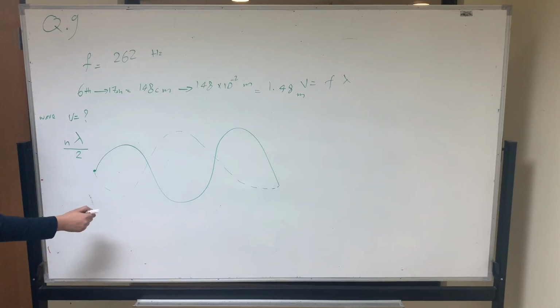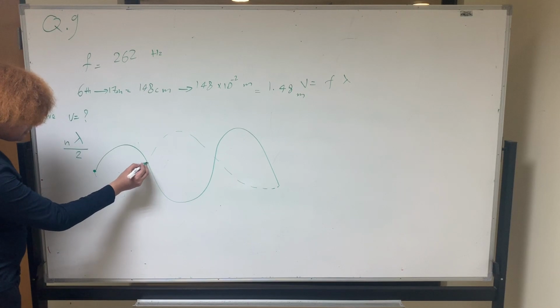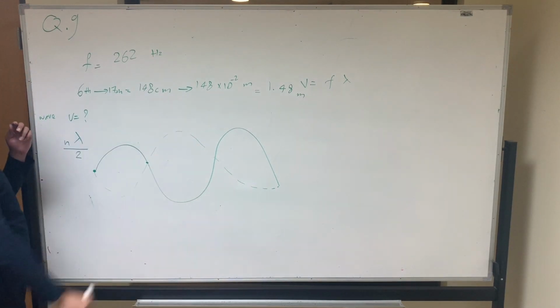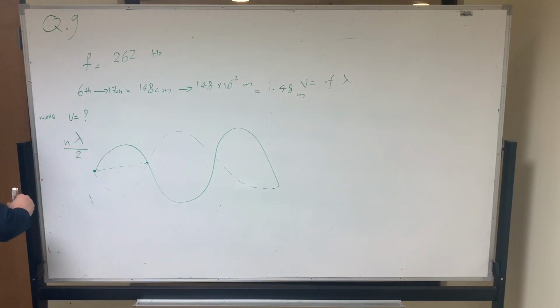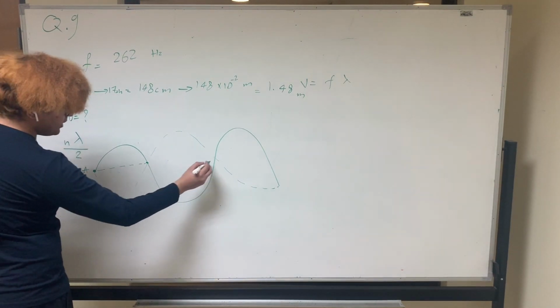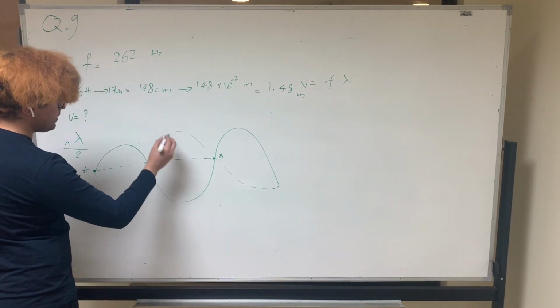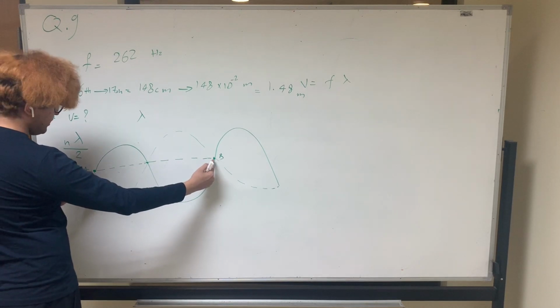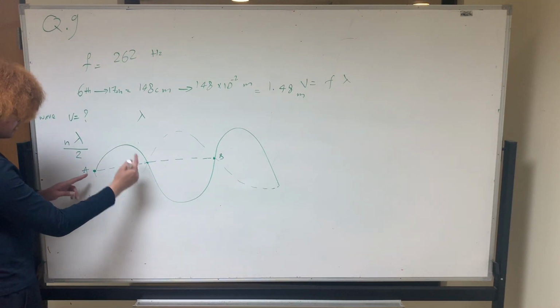We know that the distance between one node and another node, imagine that this is your standing wave. What does this distance represent? If we say that the whole distance from A to B is equal to lambda, then the distance from here to here is lambda over 2.